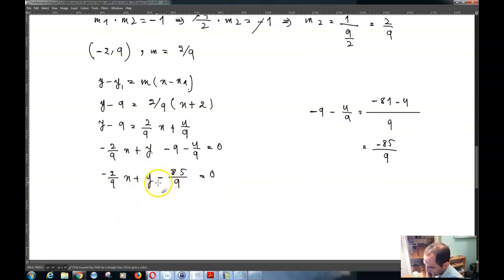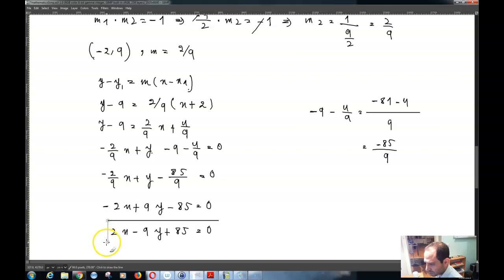Multiplying by 9, you get negative 2x plus 9y minus 85 is equal to 0. Multiply by negative 1, and you get 2x minus 9y plus 85 is equal to 0. And that is the equation of your line.